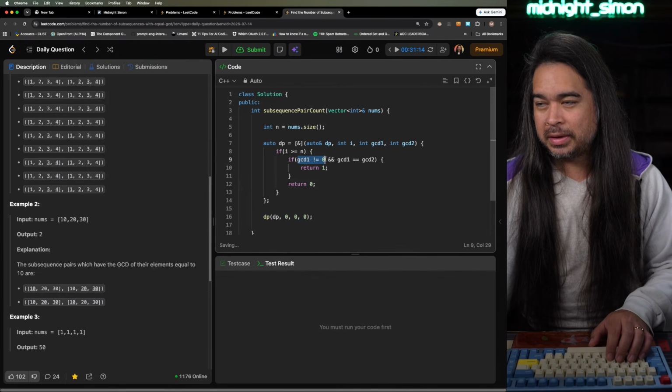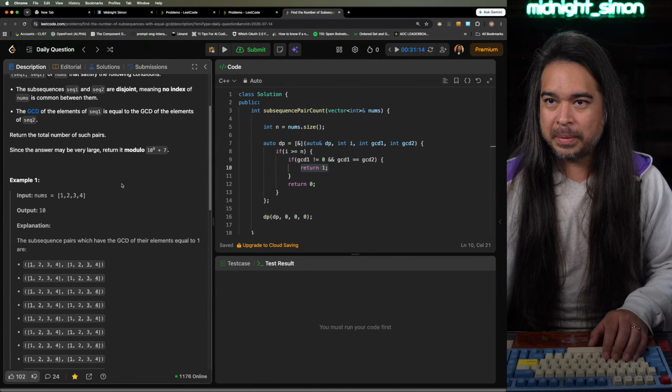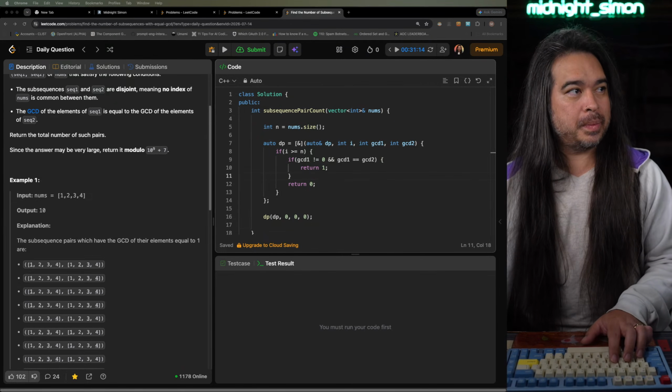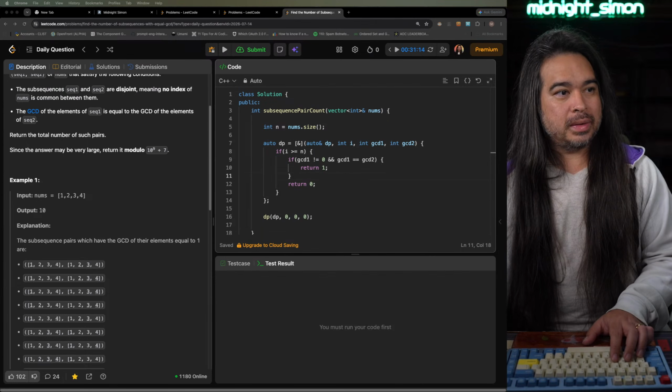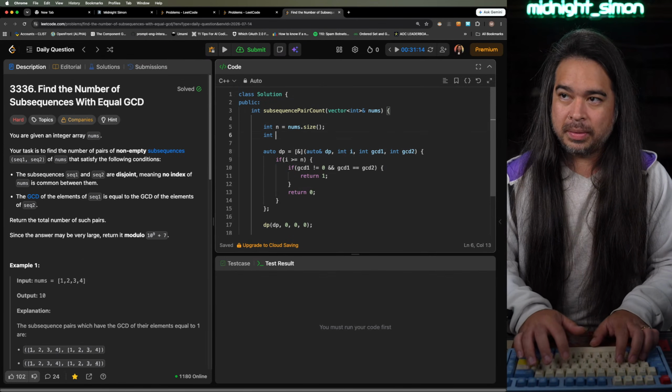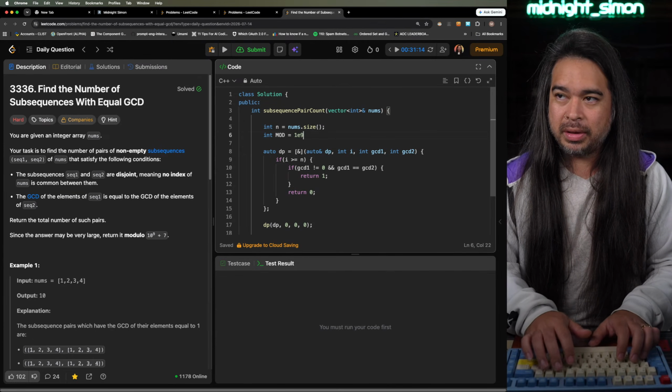So this means if we selected something in GCD1 and GCD1 is equal to GCD2, then that means we found a valid pair. Right? And then let me see what else we gotta do. Wait, I'm gonna make my mod thing.